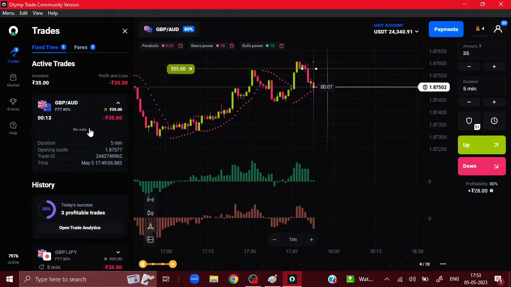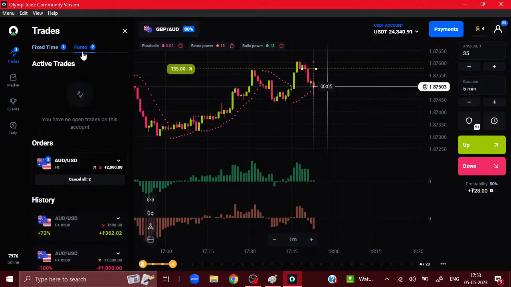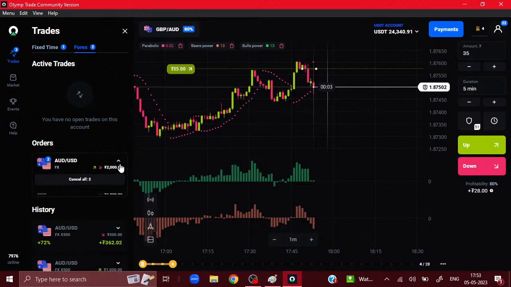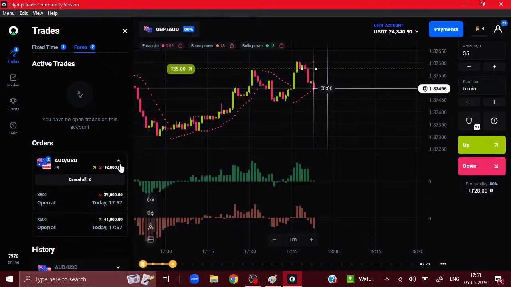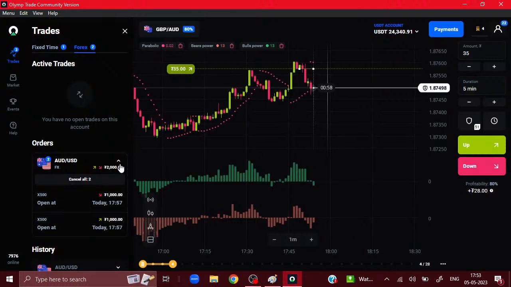Guys, if you want to trade on the NFP, let me share the secret with you. 2 to 3 minutes before the data is released, you have to make a position in both directions, one upward and one downward.